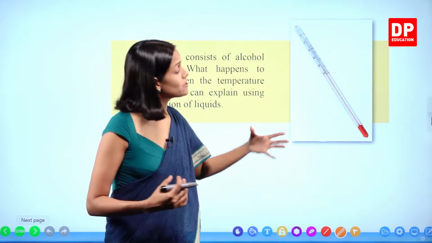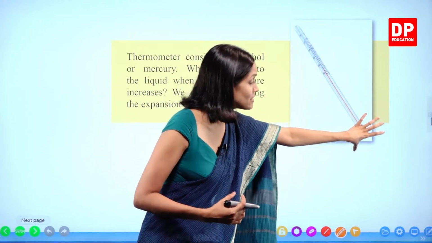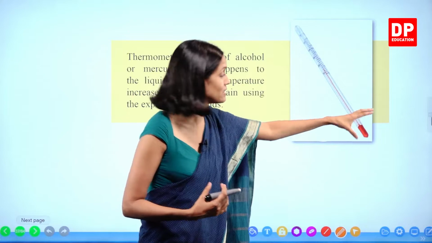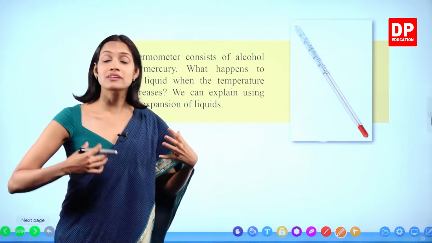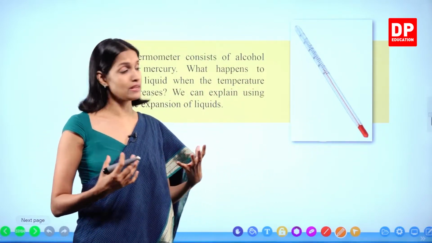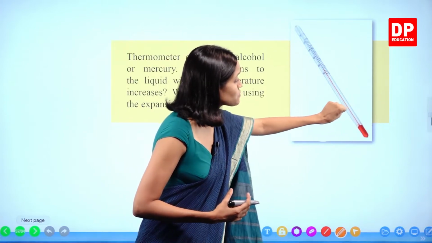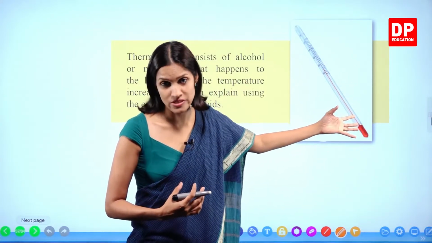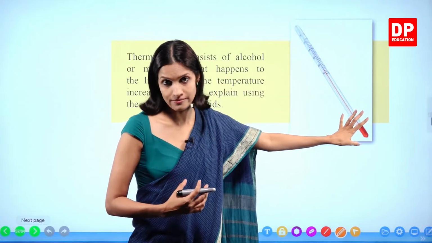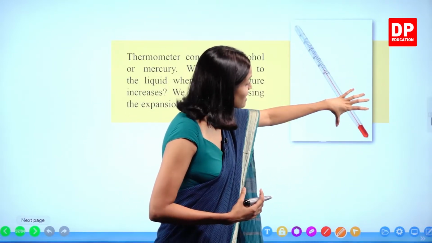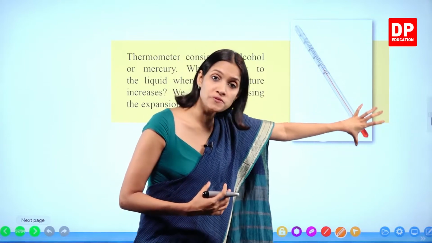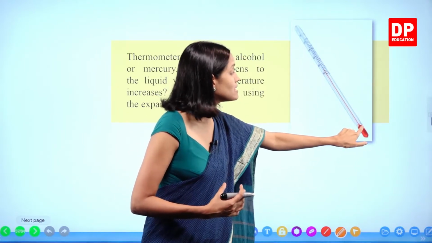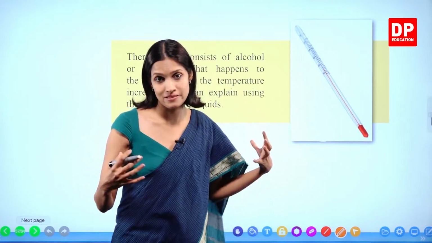What actually happens when we immerse this bulb in hot water or any other liquid? According to the temperature of the liquid, that heat is absorbed by the bulb, and inside the bulb another liquid is present, either mercury or alcohol. Because the alcohol or mercury absorbs this heat, the liquid inside the bulb expands.